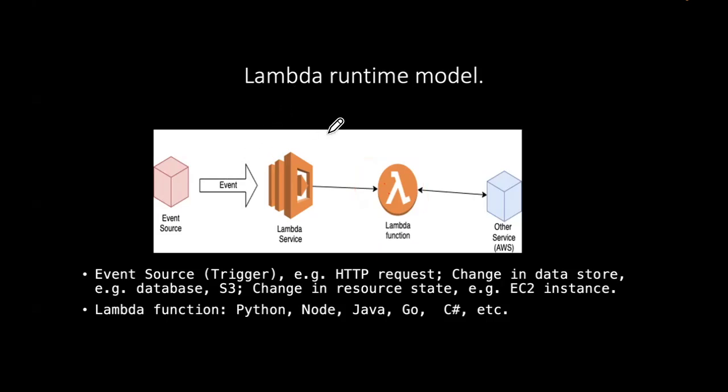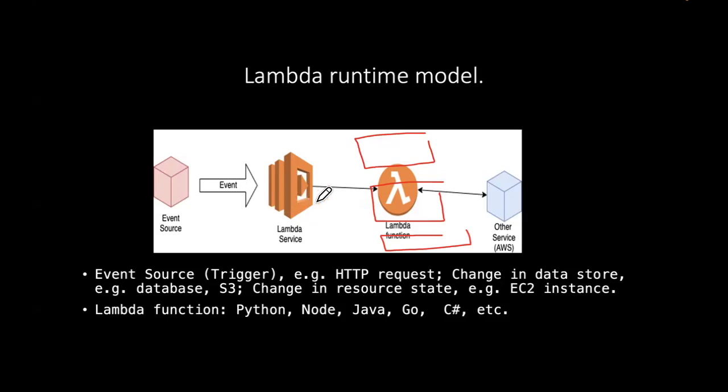What happens in that case is the Lambda service will dynamically create a number of these micro VMs. And each micro VM will be loaded with your function, and then it will take care of load balancing this high volume of concurrent events across the various micro VMs.